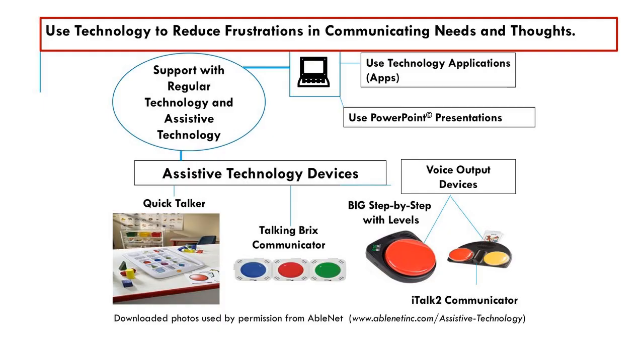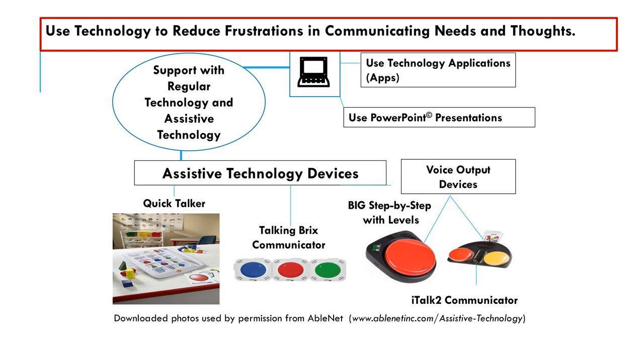There are a variety of assistive technology devices displayed on this page, and there are a lot more. I am just showing a few, like a Quick Talker, maybe for a child who can use the device fairly comfortably because it has multiple icons to communicate.